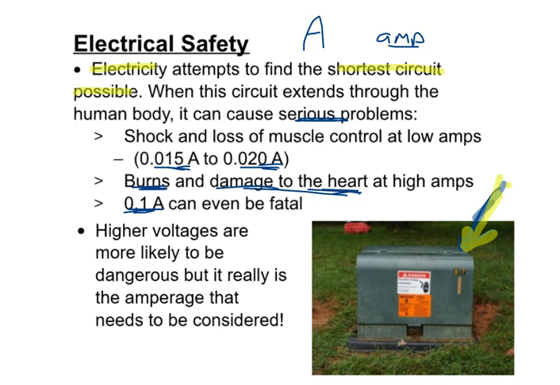Now, there's another word we use. It's called voltage, and voltage is measured in capital V. This is known as a voltage box. High voltage is also dangerous, but it's actually the amps that are the important thing. They usually go hand in hand, but those are two things we're going to discuss later, amps and volts, as different ways of measuring electricity.